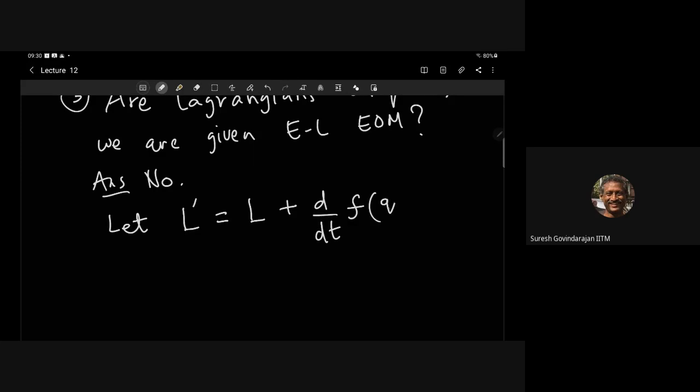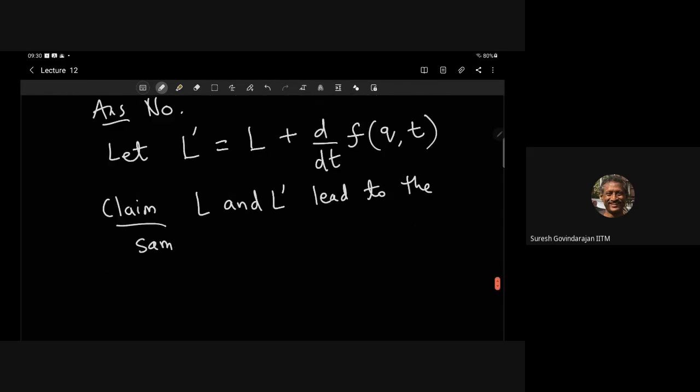I'll write it for one variable, but you can generalize it to multiple variables. Some arbitrary function. Claim: L and L prime lead to the same equations of motion. I leave it as an exercise to check.